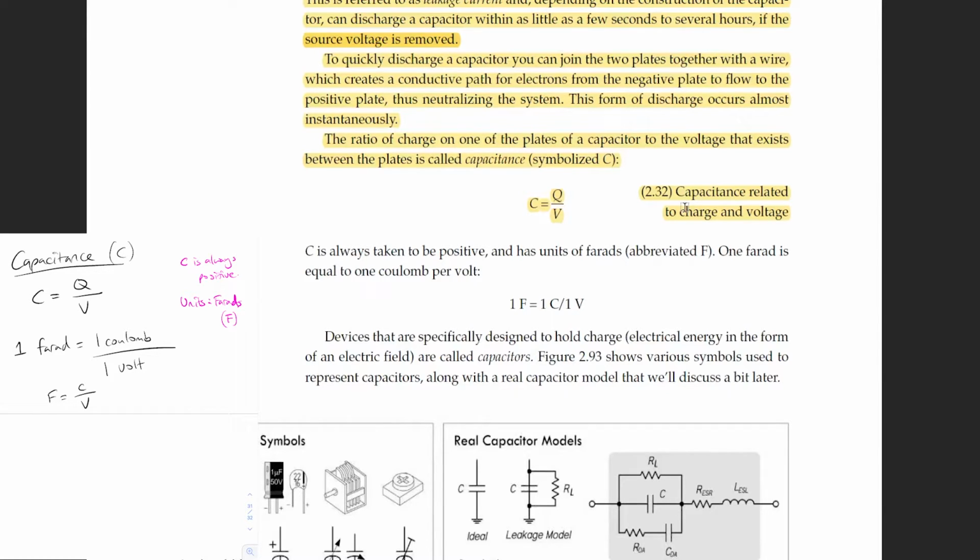So F is equal to C divided by V. But what's up with this? This C is not capacitance. This C is coulomb, so that's a bit confusing. I'm just going to write coulomb. So capacitance is equal to charge divided by voltage, and a farad is equal to coulomb divided by voltage. That sounds like the same thing to me.